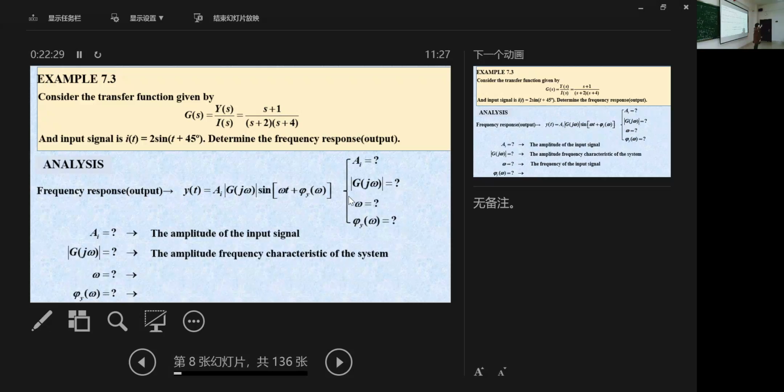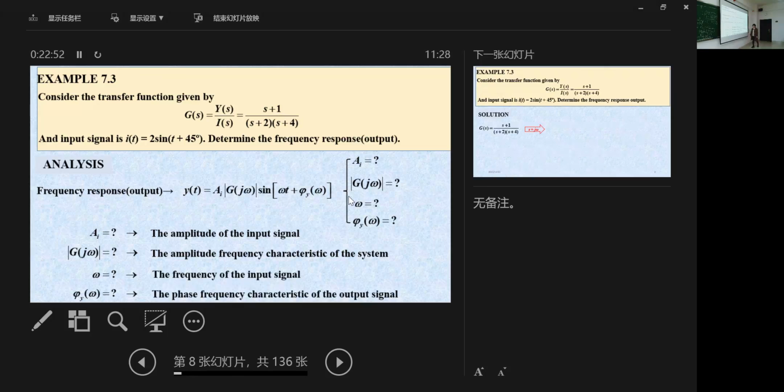Omega is the same for the output, so omega is the same for both. And phi is the phase of the output.